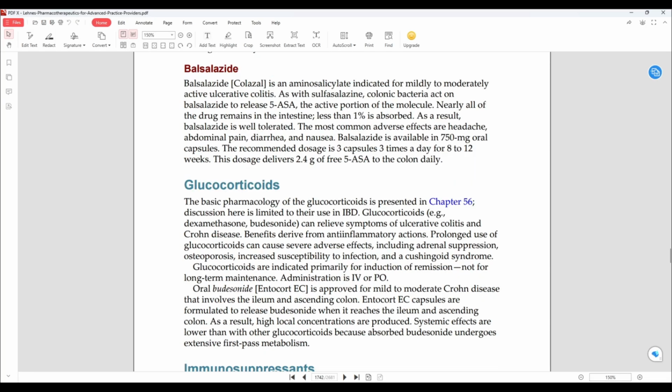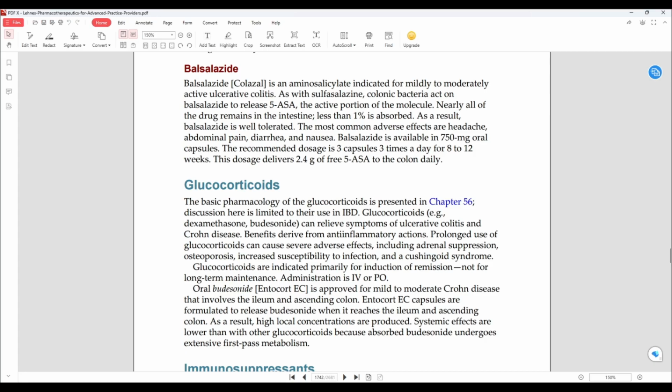Bringing us to the last one, balsalazide, or Colazal, which is an aminosalicylate indicated for mildly to moderately active ulcerative colitis. As with sulfasalazine, colonic bacteria act on the balsalazide to release the 5-ASA, the active portion of the molecule. Nearly all of the drug remains in the intestine; less than 1% is absorbed.